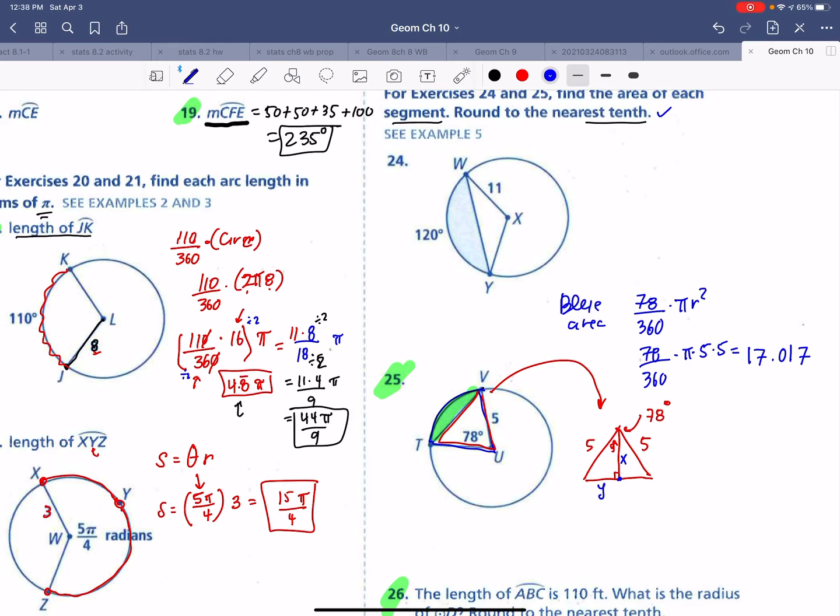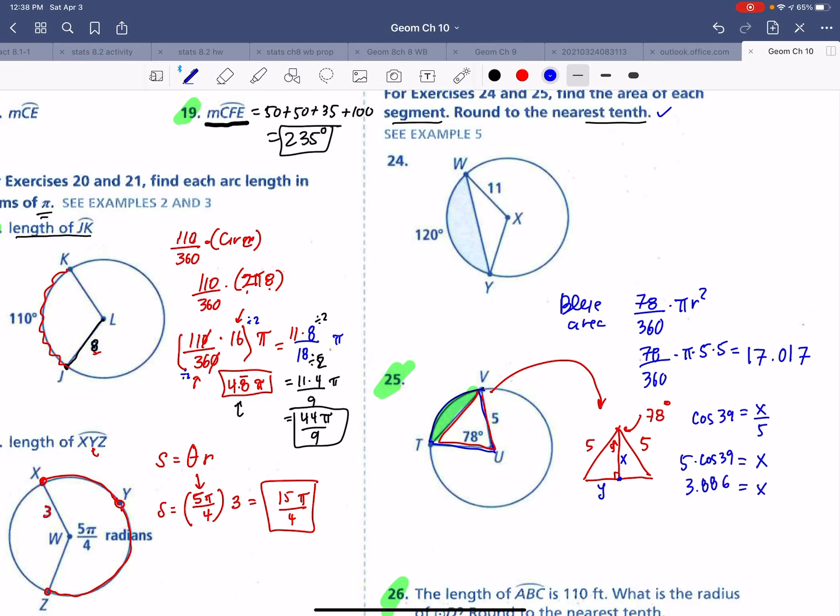Okay, so the cosine of 39 is x over 5. And so x would be 5 times the cosine of 39. All right, so my altitude is 3.886.